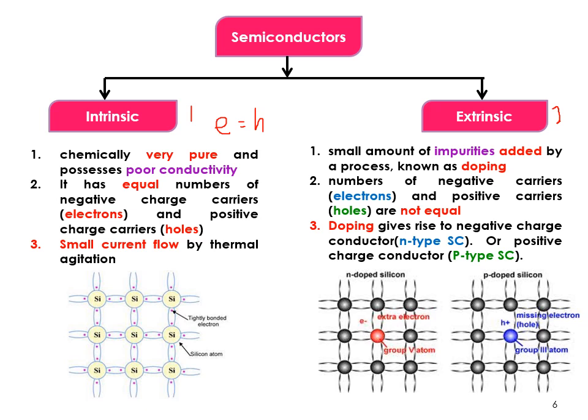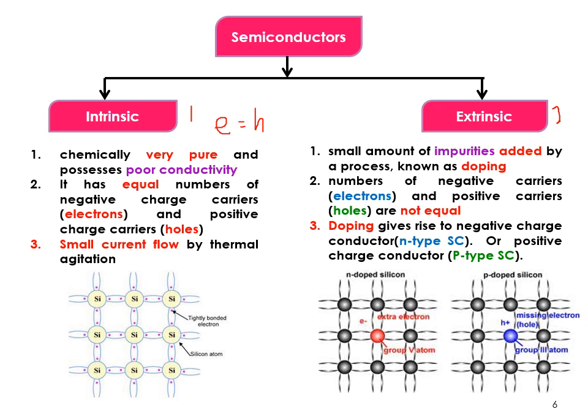For extrinsic, a small amount of impurities is added by a process known as doping. The numbers of negative carriers, electrons, and positive carriers, holes, are not equal. So doping gives rise to negative charge conductor, N-type semiconductor, or positive charge conductor, P-type semiconductor.